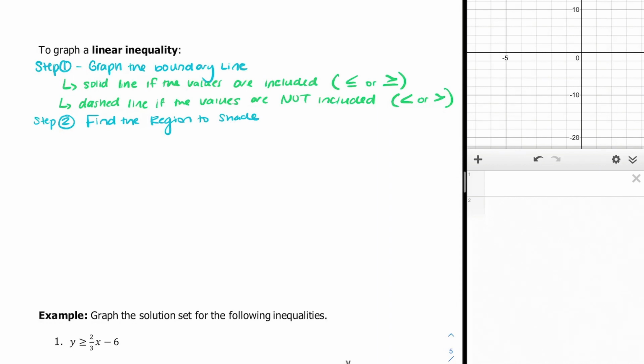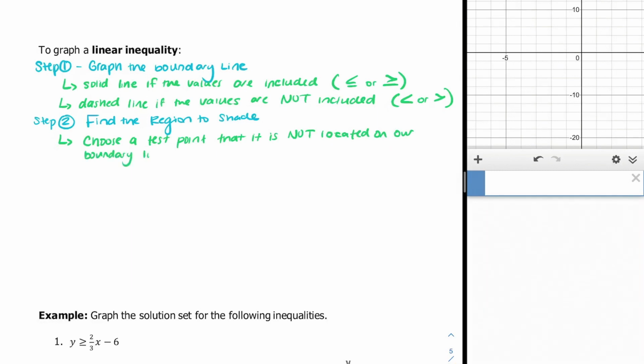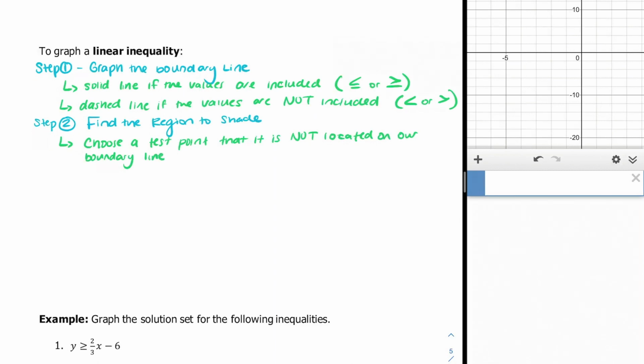So when we're finding the region, there's a couple of things that we have to do within this step. The first part is to choose a test point that is not located on our boundary line. So it can be on either side of the line as long as it's not on that boundary line itself.